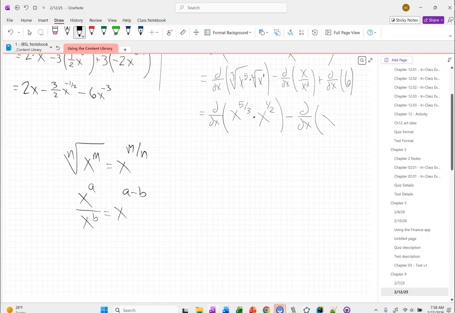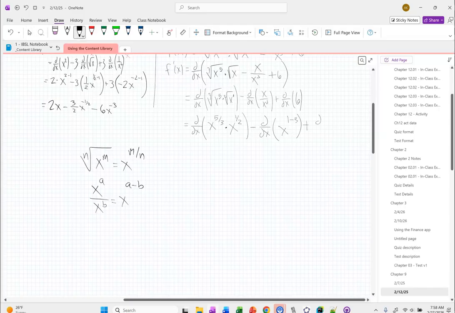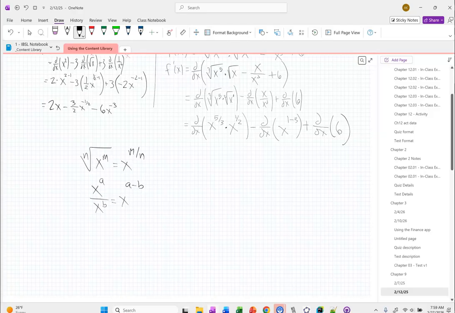So this should be the derivative of x to the 1 minus 3. Everybody feel okay there? Okay. So I've gotten rid of the multiplication or the division in the second piece, right? We're good there. Haven't gotten yet rid of the multiplication in that first one though. We still need to do that.